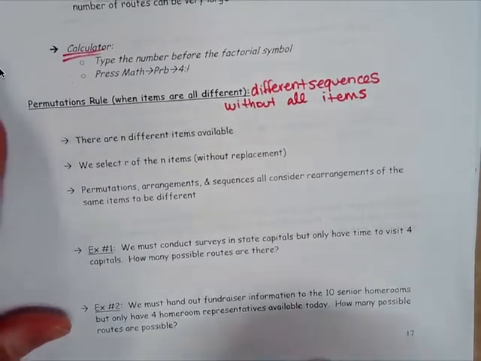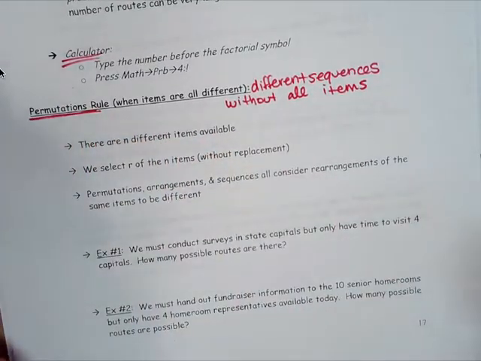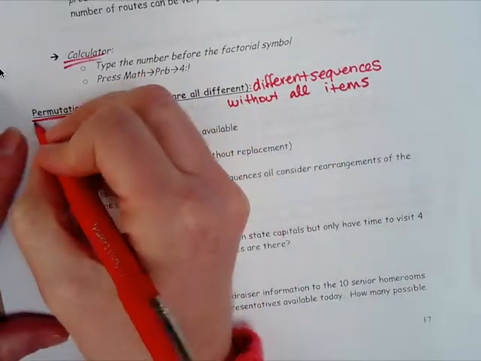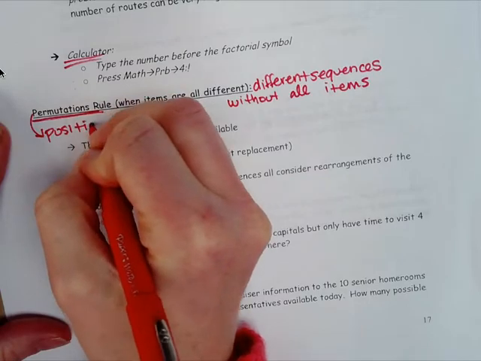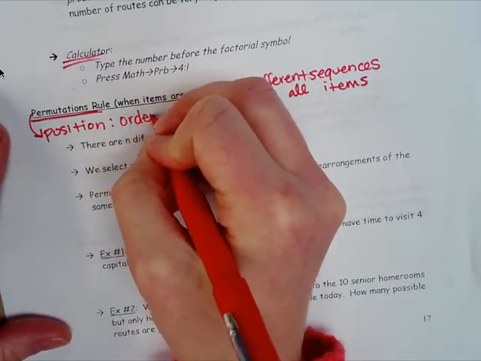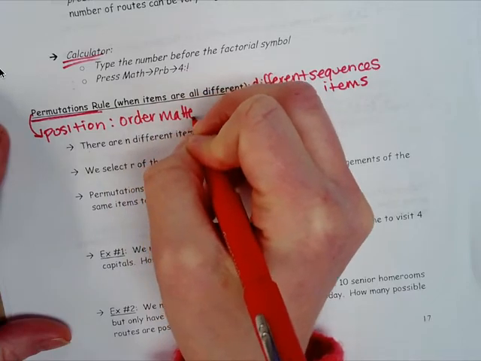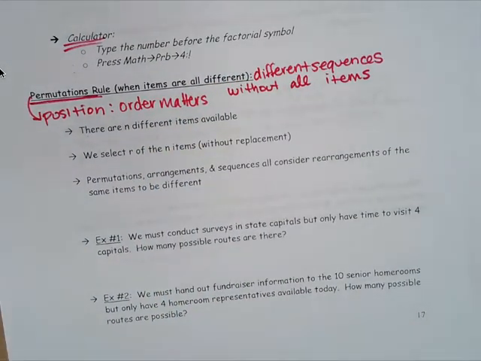An important thing to remember about permutation is that position matters. The order matters. So permutation, something to remember is position, which means order matters. So let's say we're randomly picking 2 people to be president and vice president.